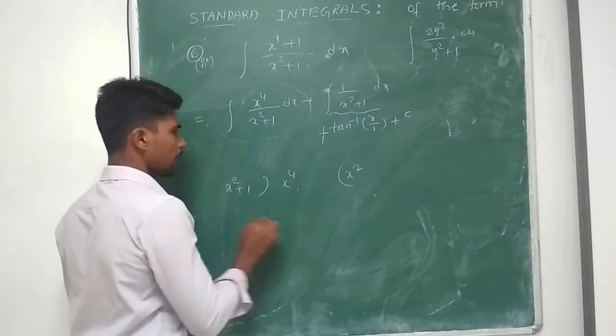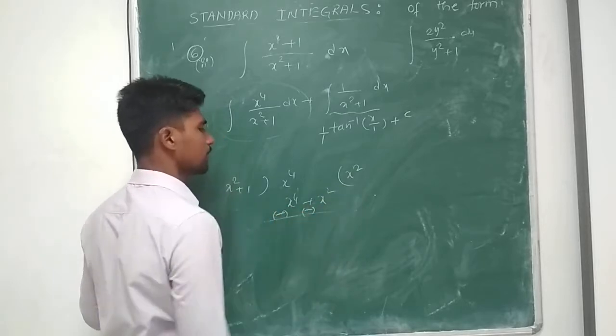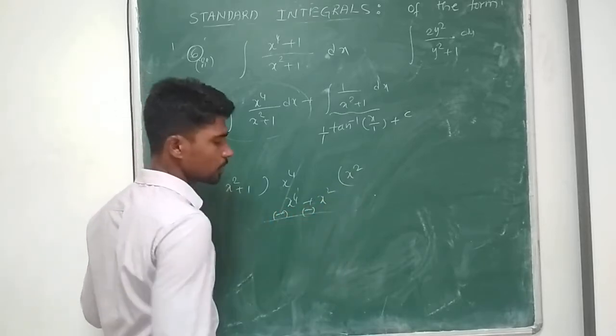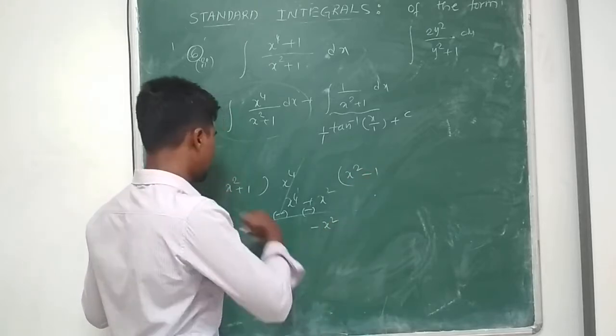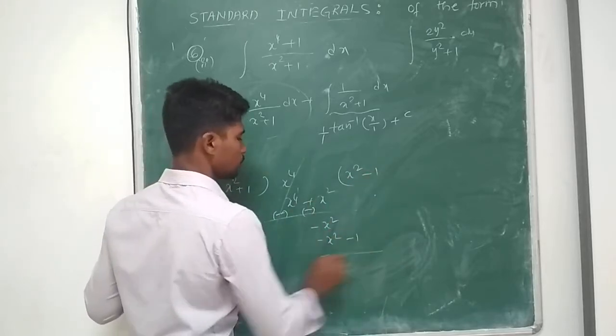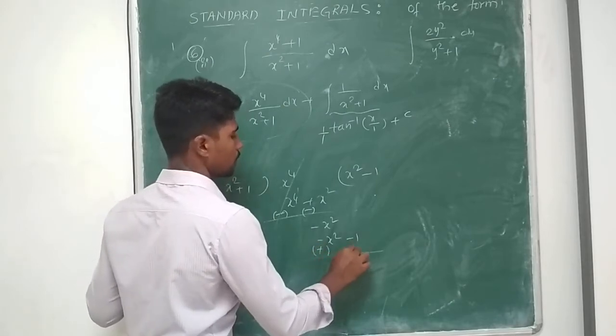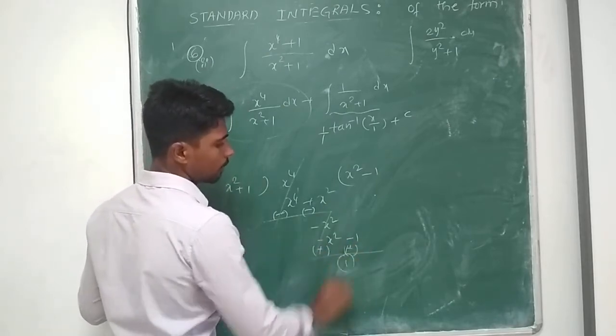Start dividing by x square plus 1. x square times gives x to the power of 4 plus x square, minus, and the x to the power of 4 terms cancel. So I get minus x square. Then minus 1 into x square plus 1 gives minus x square minus 1, and plus cancels, so I get the remainder as 1.